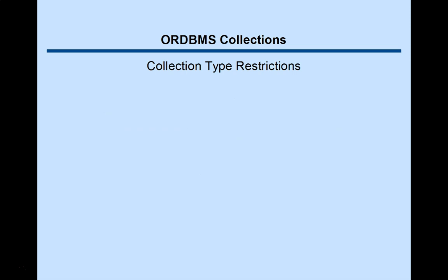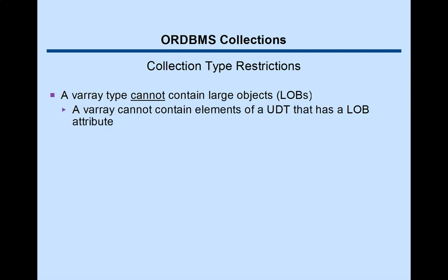There are restrictions on the use and behavior of collection types. A V-array cannot contain large objects, or what we call lobs. It can contain elements of a user-defined type, but these elements cannot contain a large object attribute.